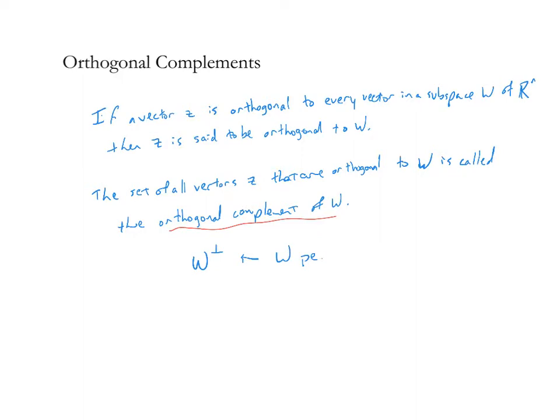Not pep. W perp. It is the orthogonal complement to W. So if z is orthogonal to every vector in my subspace W, it is orthogonal to W, and then the set of all of those vectors z that are orthogonal to W is called the orthogonal complement.